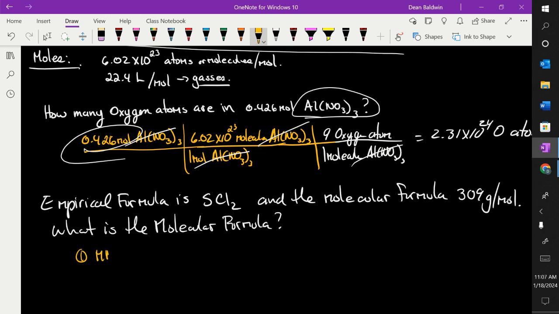So the molar mass of SCl2: sulfur is 32.1. That's sulfur. Chlorine is 35.5, but we have 2 of them. And that gives you 103.1.